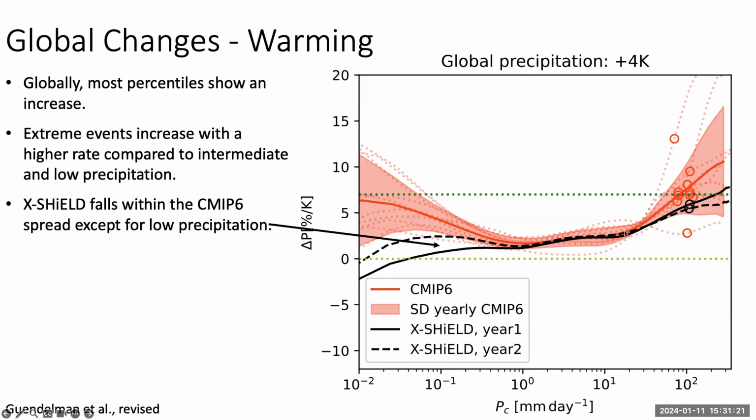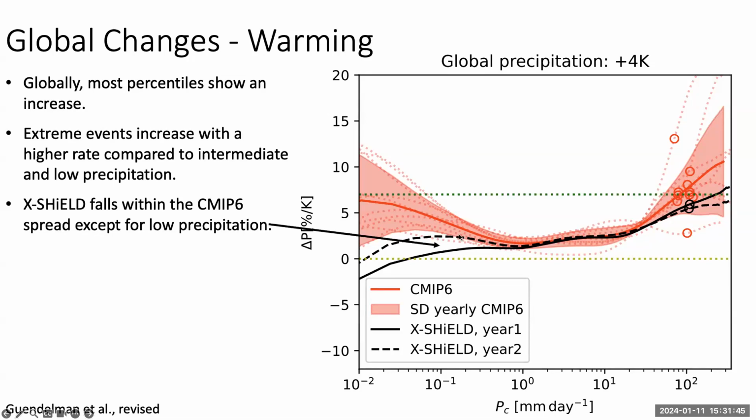Okay, so the black solid line is the multi-model mean of CMIP models. The shading is the standard deviation, where I'm considering the response of each individual model within CMIP6 models. So this is the spread that I'm looking at.